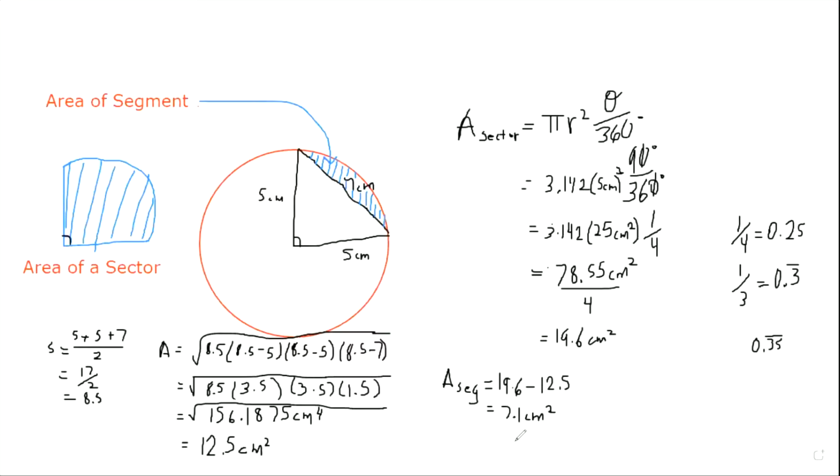All right, that's how you find this blue region here. So now we know that this blue region is 7.1. So let's just highlight it blue, so you just know this is associated with this thing here.